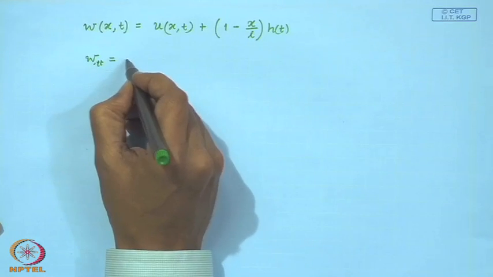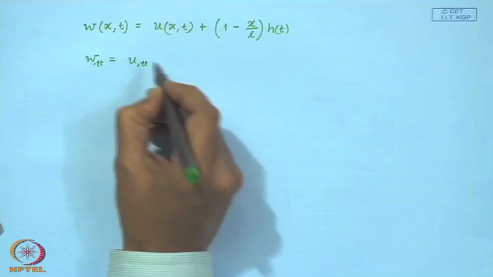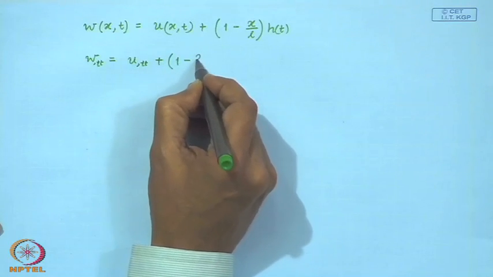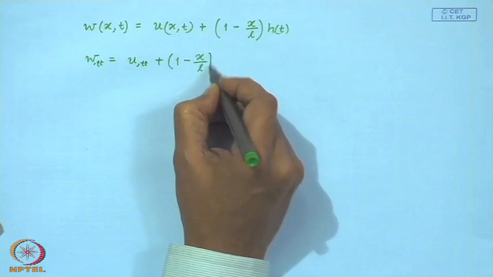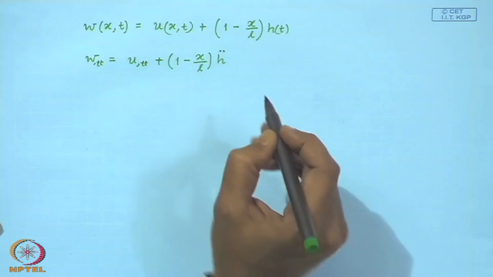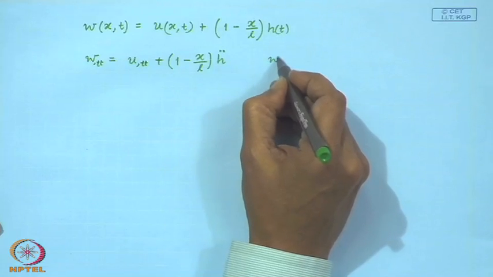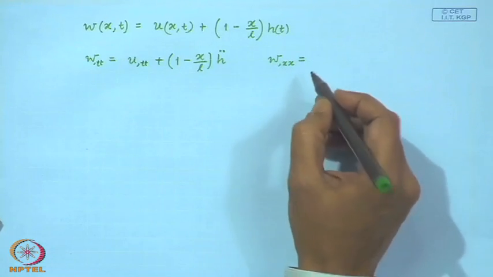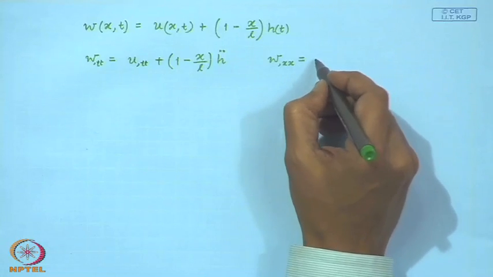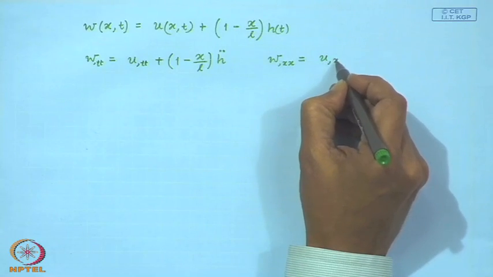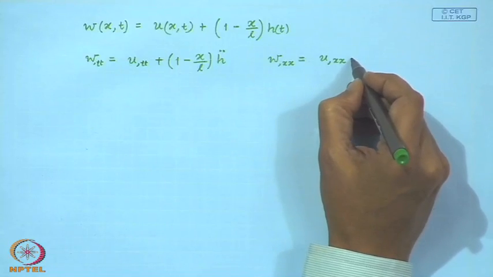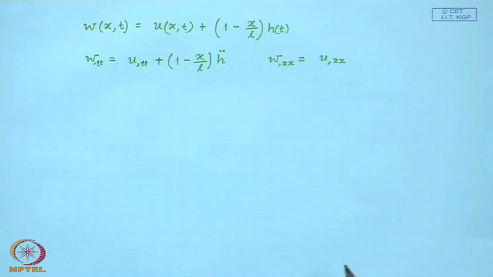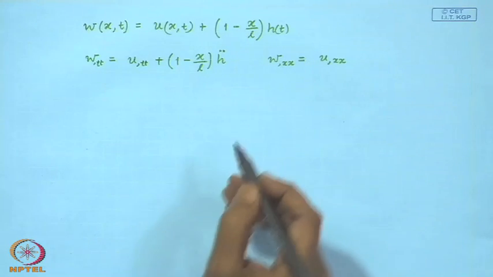So, that will turn out to be this, and we also have the double derivative with respect to space, which will be reduced to only u comma x x.